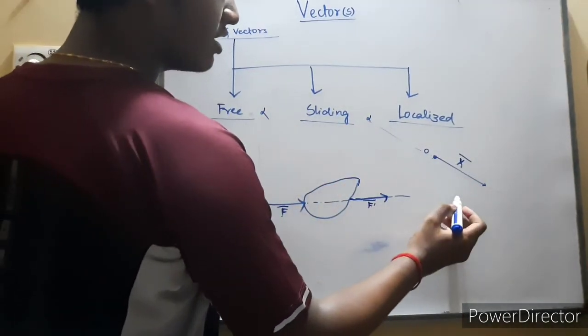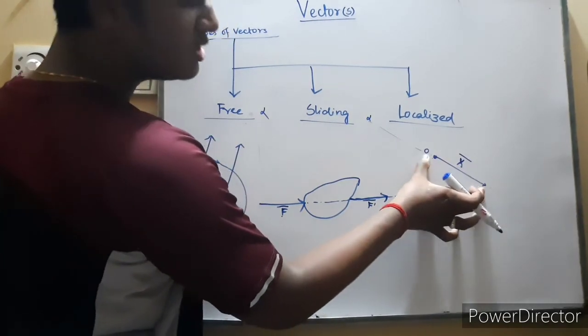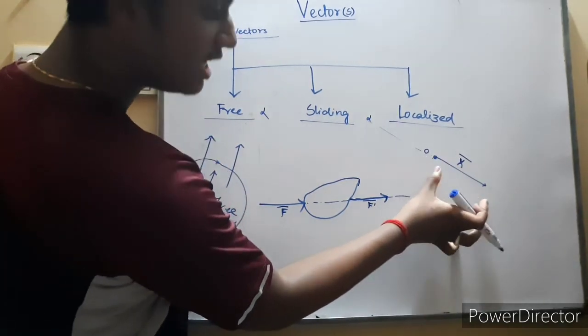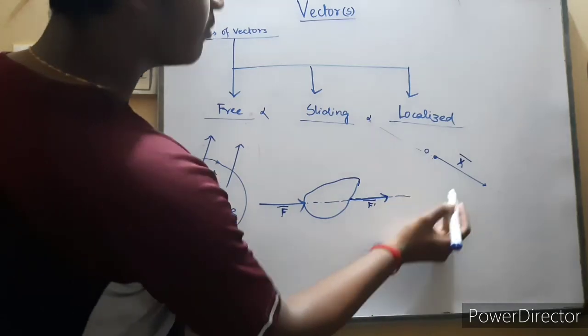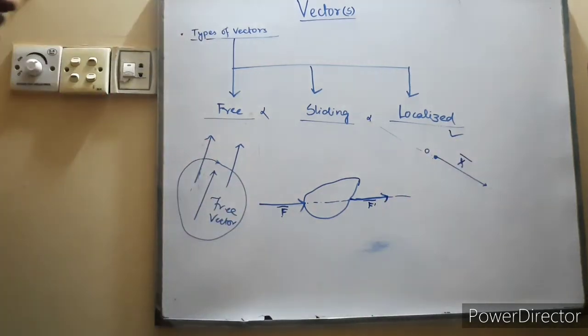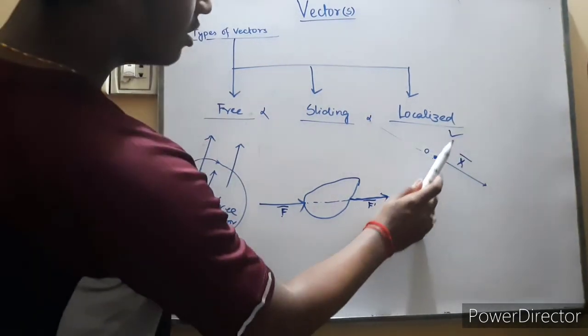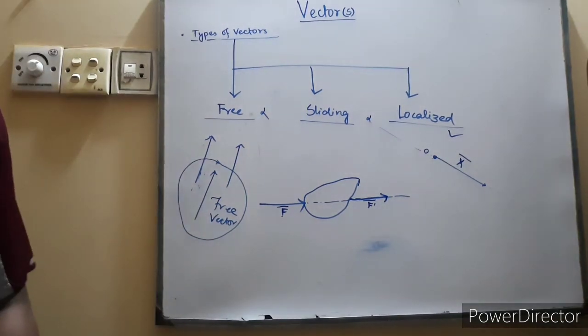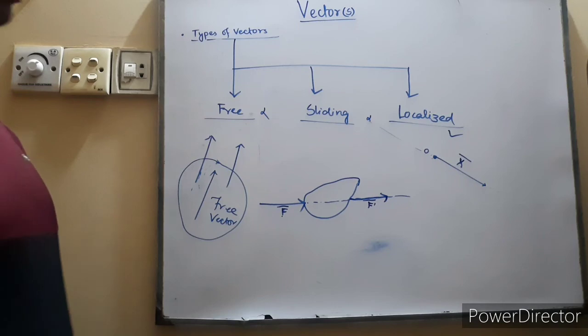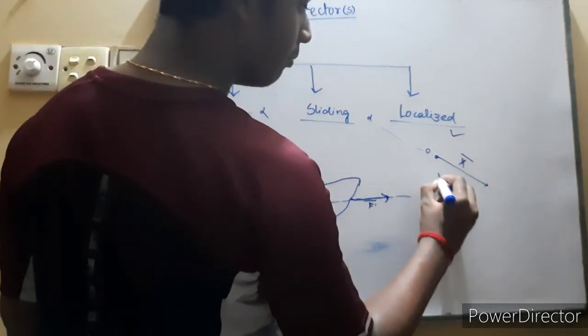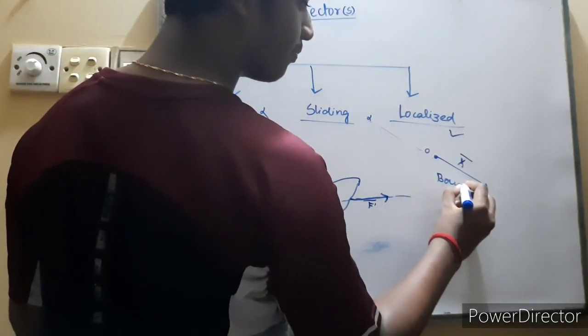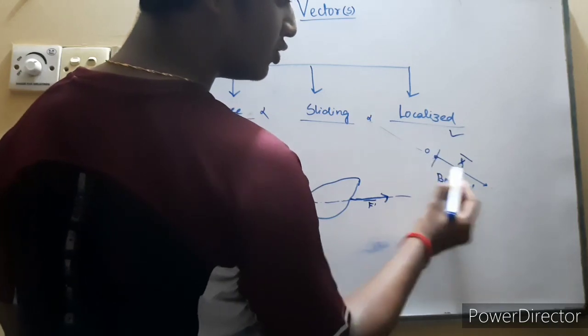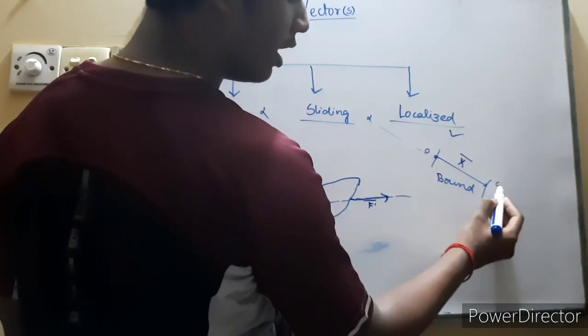This type of vector exclusively remains where it is. It cannot move anywhere. So this type of vector is called a localized vector. A localized vector is also known as a bound vector, because it is bound within these two points, O and O dash.